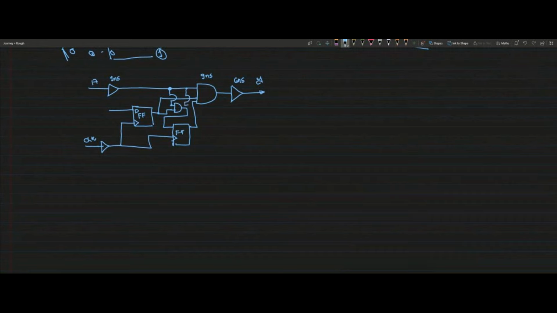This output and this output, we pass through one OR gate, and that OR gate is driving this. This AND gate has 7 nanosecond delay, this OR gate has 8 nanosecond delay, and this buffer has 2 nanosecond delay.